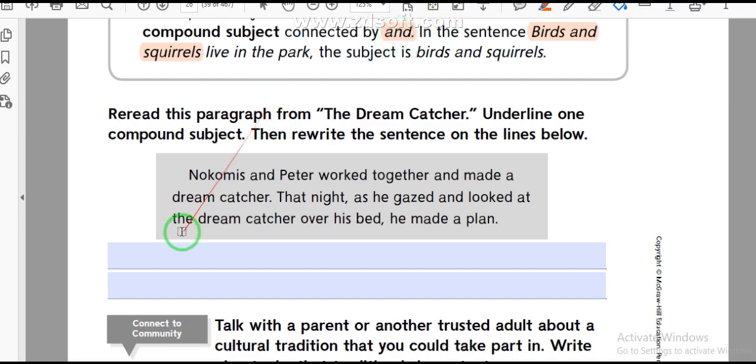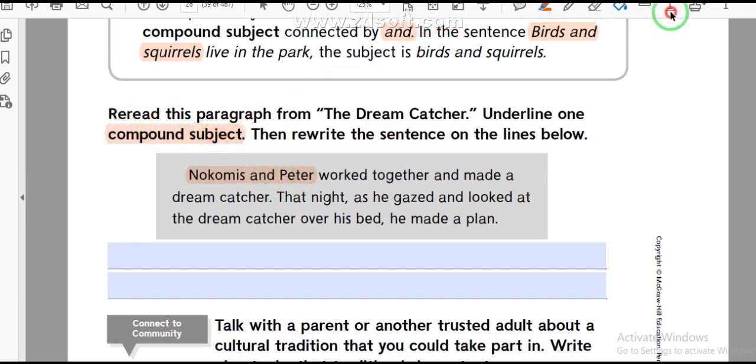Okay? Nokomis and Peter worked together and made a dream catcher. Okay, here in this sentence we have two subjects who worked together and made a dream catcher. Nokomis and Peter, right? So Nokomis and Peter, we have two names, two subjects. So this is compound subject, so we should underline it, right?